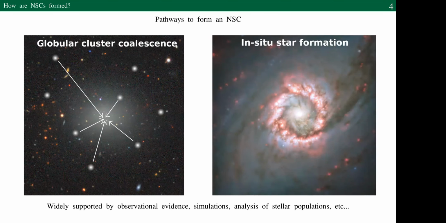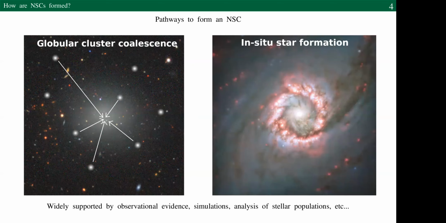So, how are nuclear star clusters formed? Here there are two different scenarios that are based on the observation of the properties of the nuclear star clusters and the host galaxy. The most widely established and also the first suggested mechanism for the formation of a nuclear star cluster is the coalescence, or merging, or fusion of globular clusters.